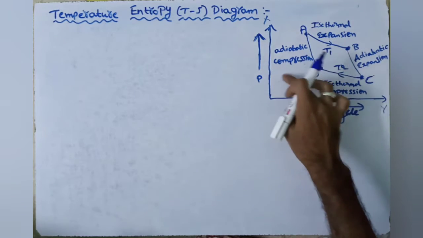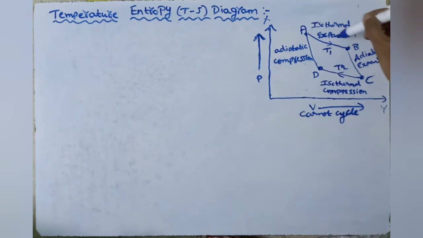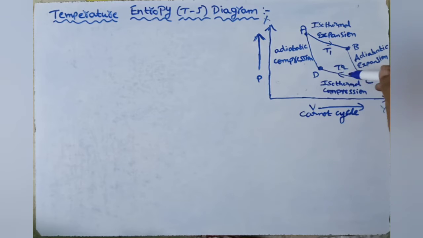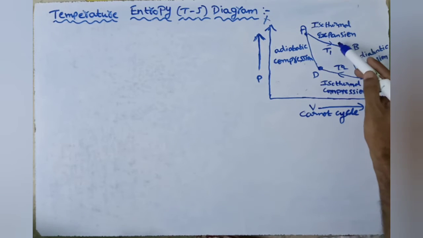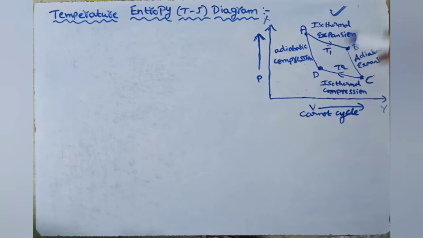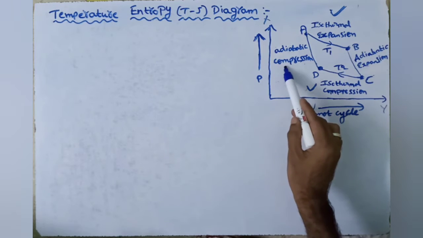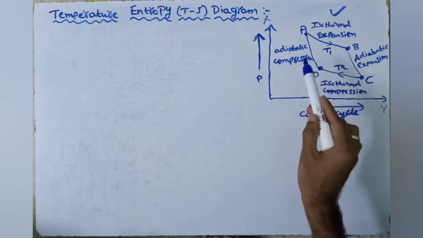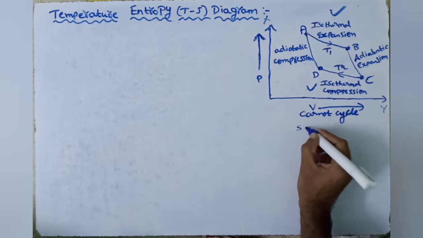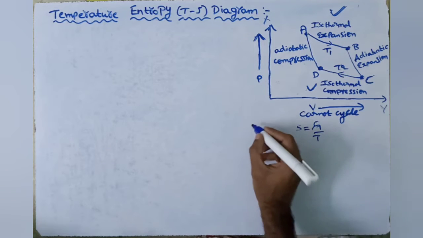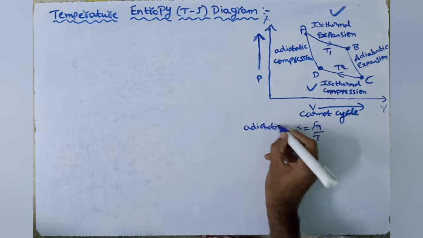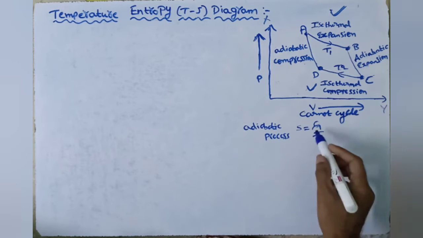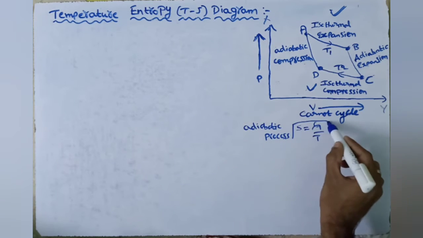Here when we observe clearly, temperature in isothermal expansion is constant, and throughout the isothermal process temperature is constant. In the same way, in adiabatic expansion and adiabatic compression, something is constant. That something is called entropy, which is denoted by S, equal to Q by T in the adiabatic process.